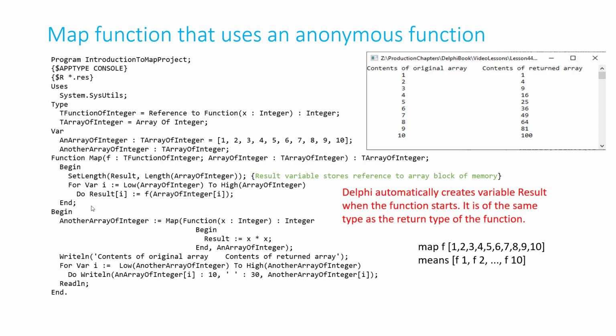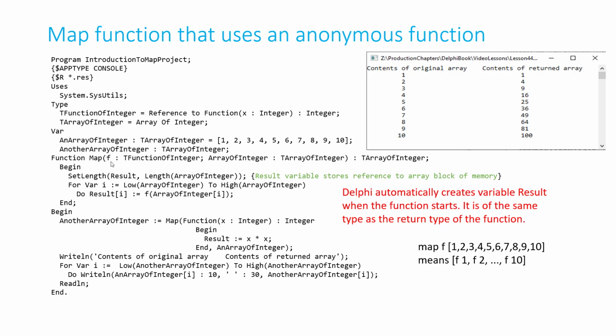So using an inline inferred variable declaration where the data type is inferred, we're going to range over the integer array which is passed to the function from its lowest index value to its highest index value, and then what we're going to do is apply the function f in turn to each element of the array.